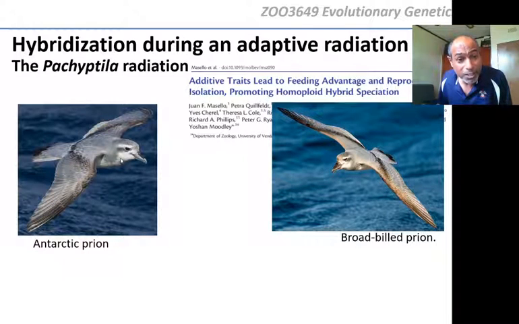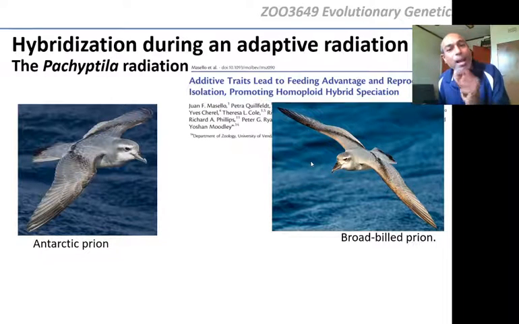So the beaks of these two are quite different, and the beaks allow them to do different things. This one feeds mainly on fish, and this one feeds mainly on invertebrates. Because why? It is a filter feeder, whereas this one is not a filter feeder because it has a narrow beak. It cannot hold a lot of water, it cannot filter it out. So these two have very different ways of feeding.